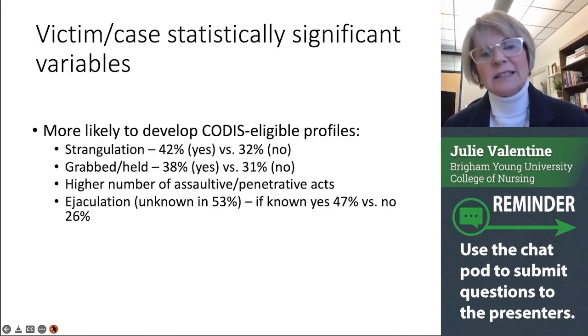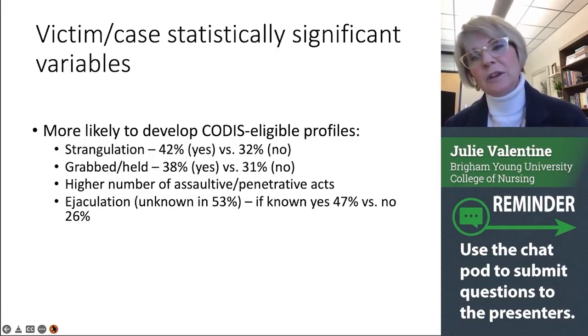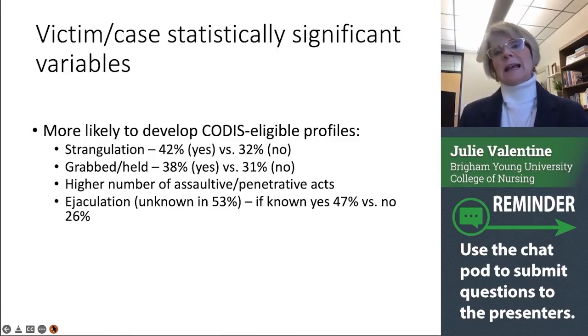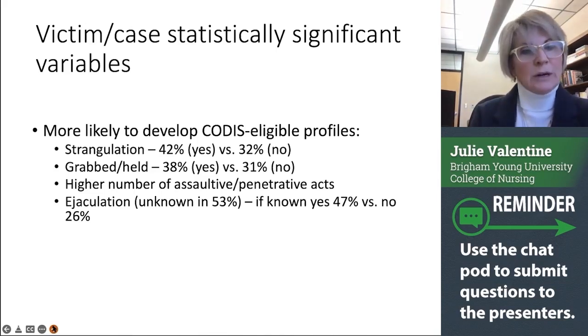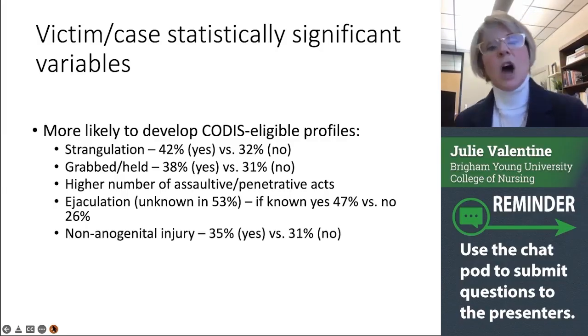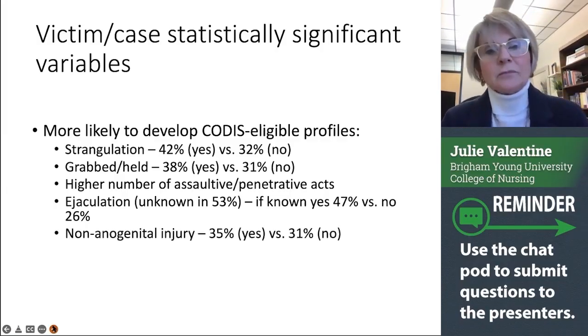That's a sign of a non-consensual act, because most people in consensual sex know if their partner orgasmed or ejaculated. So unknown in 53%. Now, if they say yes, then 47% develop a CODIS-eligible profile, compared to if they say no, 26%.